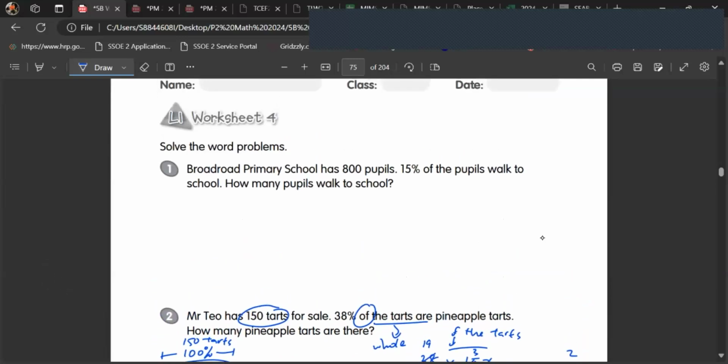Okay, so here there are the two methods that we were saying just now, method A and method B. Skylar's method goes by, so 100% is 800 pupils. So 1% is 8 pupils.